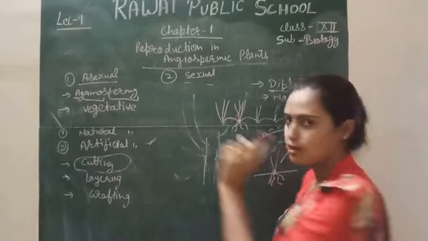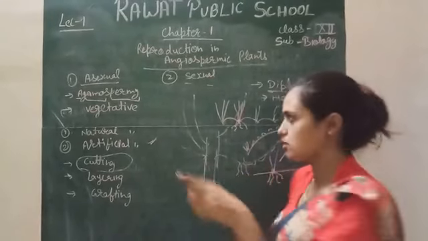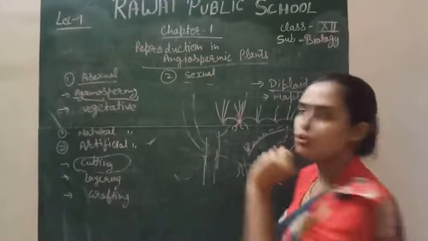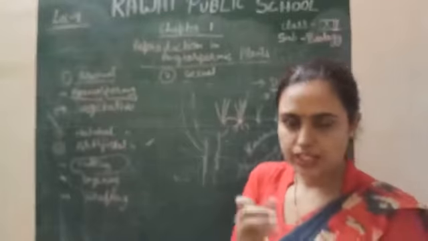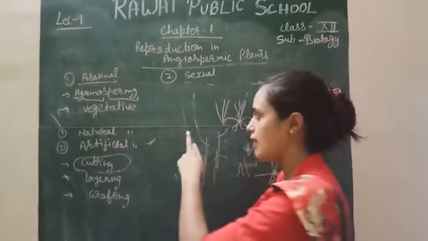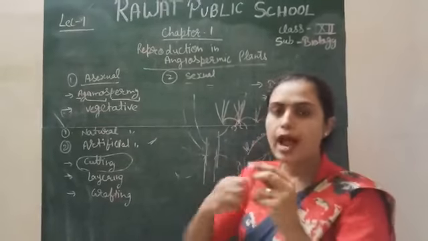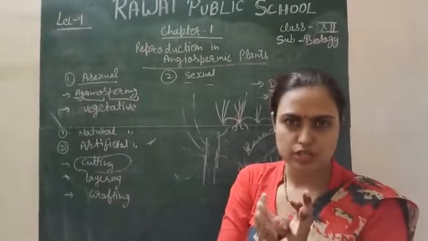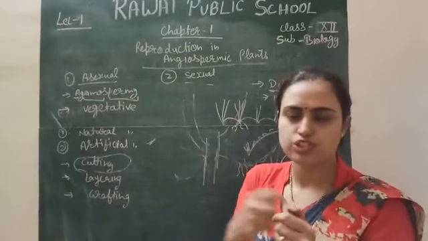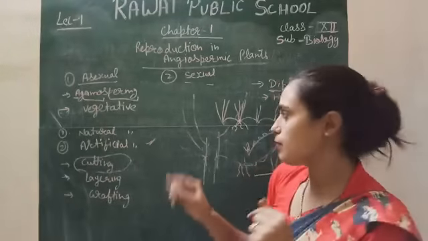We will select one branch, approx 1 to 2 years old, and remove the bark portion of that plant near the node. Near the node, bark is removed in that branch and covered with moist soil, and we also cover it with polythene to maintain the moisture, because moisture is very necessary for developing the root.